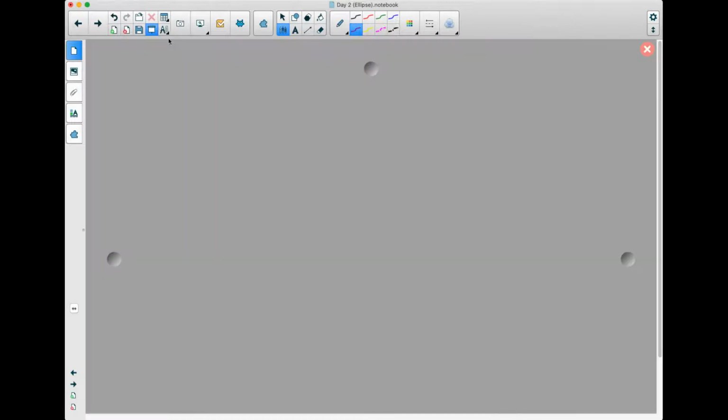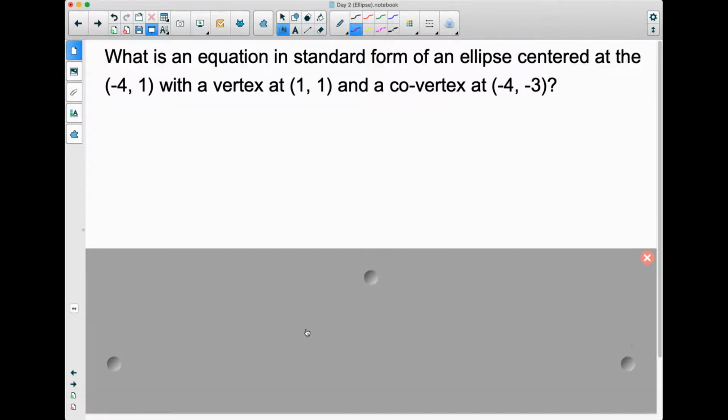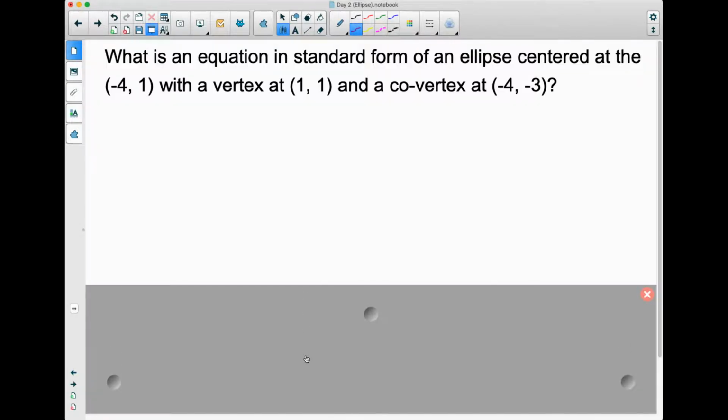All right. So, like I said, the easiest way to approach a lot of these problems is to graph, then memorize. When we're trying to remember our formula, there are pieces that I don't want you to forget: that plus sign, and that equals 1.